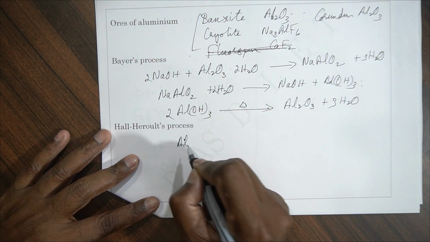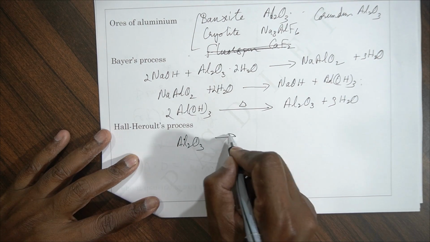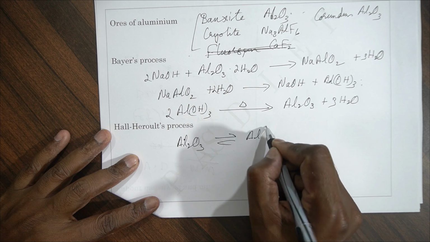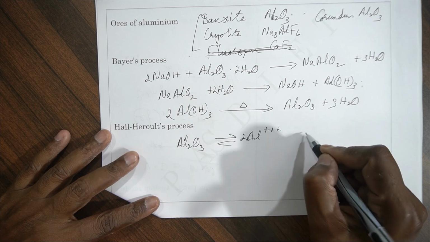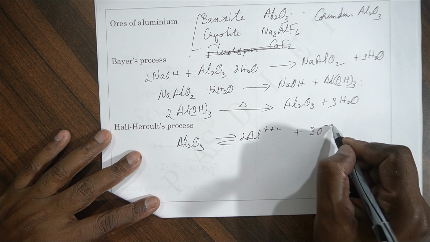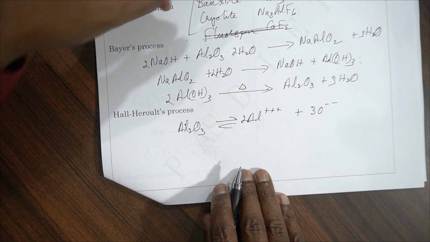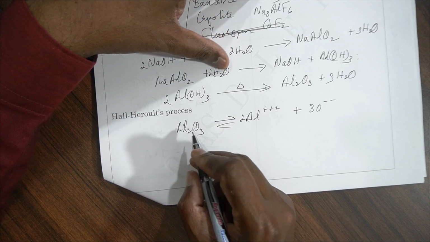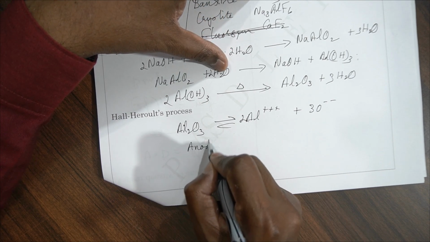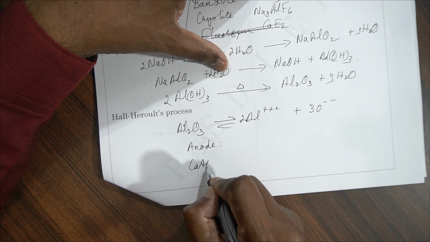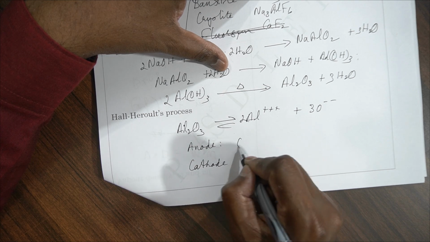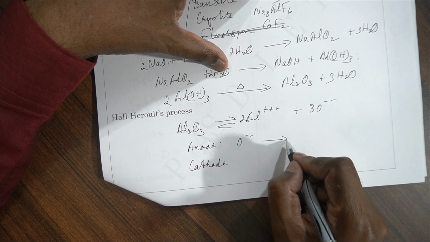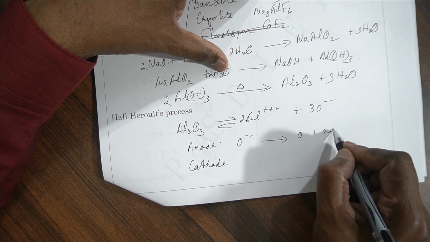So Al2O3 dissociates as 2 Al3+ and 3 O2-. Then we have the complete detail of the anode and cathode, the reaction at anode and the reaction at cathode. At the anode, the oxide ions will give nascent oxygen plus 2 electrons.